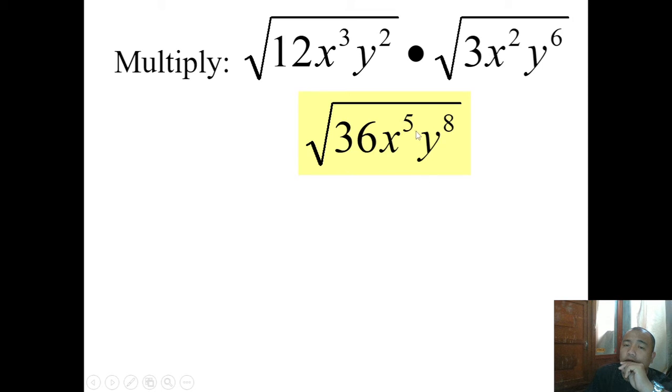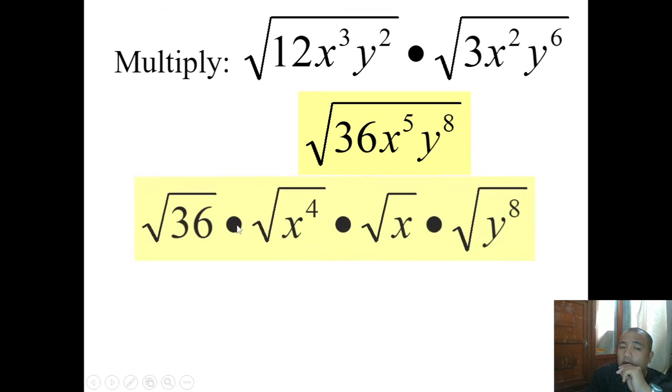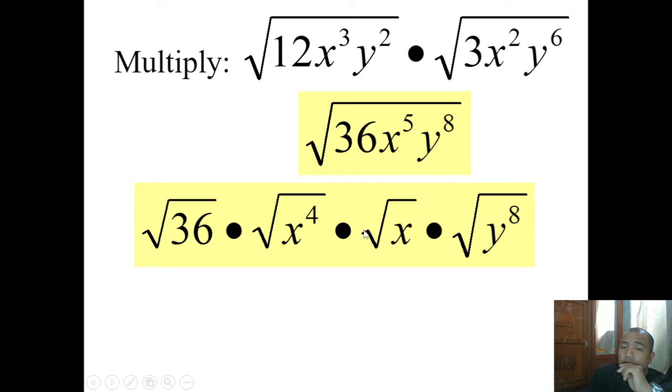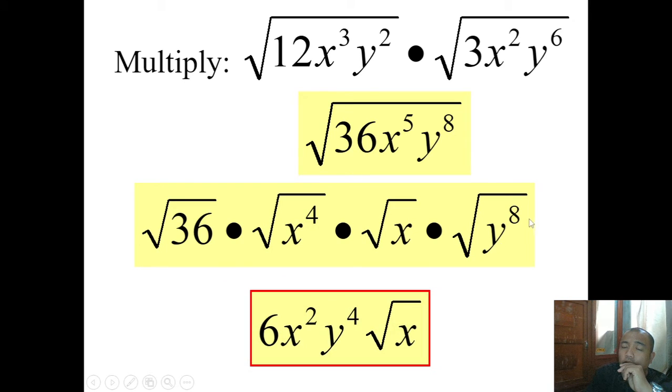For the x to the 5th, let's factor it: x to the 4th and x. So 36, x to the 4th, square root of x, times square root of y to the 8. Square root of 36 is 6, square root of x to the 4th is x squared, square root of y to the 8 is y to the 4th, times the square root of x is the final answer. Okay, can you follow, class?